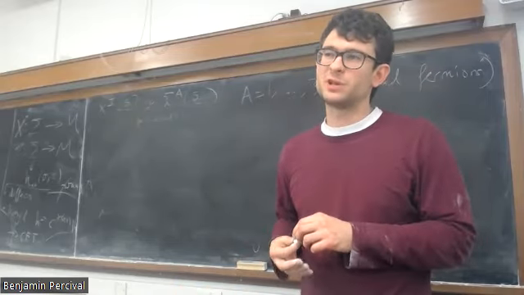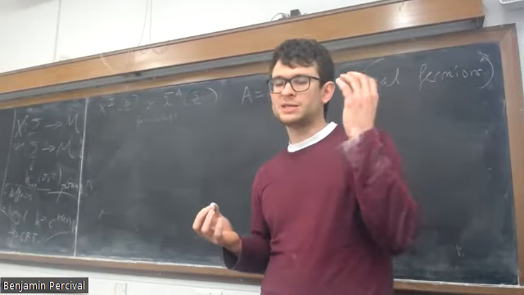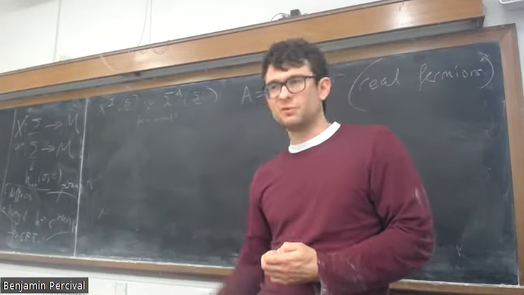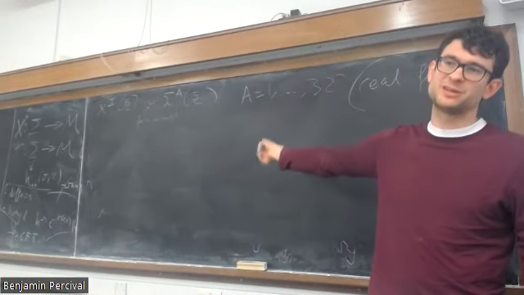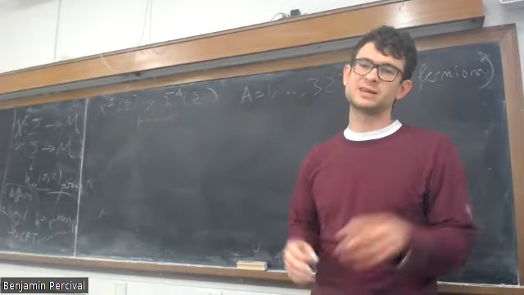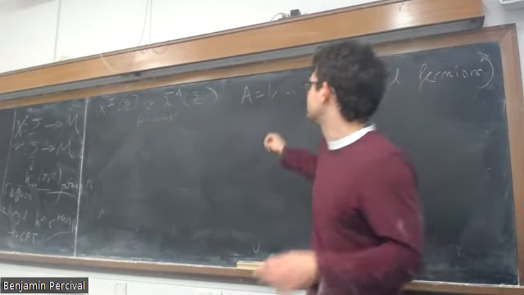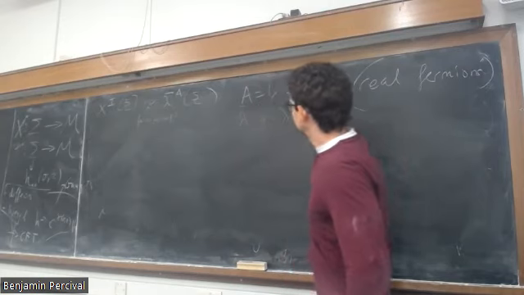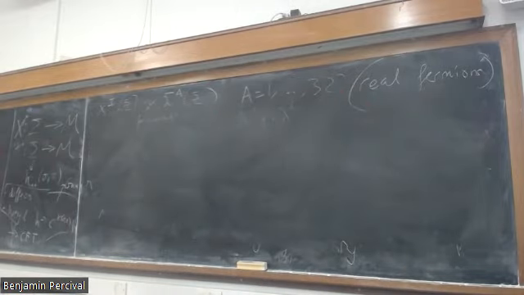That's part of what fermionization means. But the upshot is that a single boson can be replaced by 2 real fermions in a conformal field theory. You could then complexify the 32 fermions into 16 complex fermions, just by pairing them, taking lambda bar 1 plus i lambda bar 2, or something like that, and then you get 16 complex fermions.